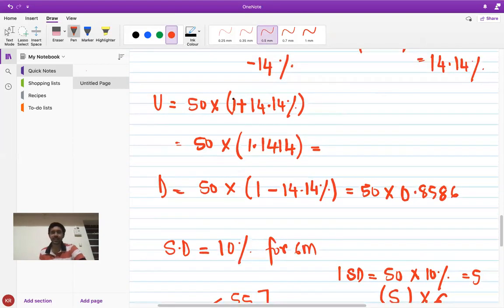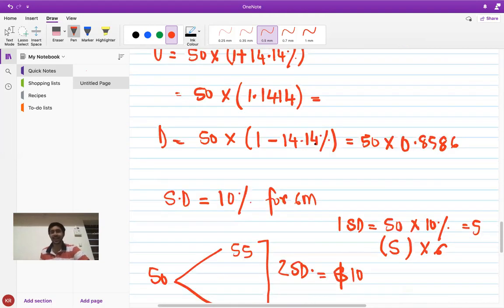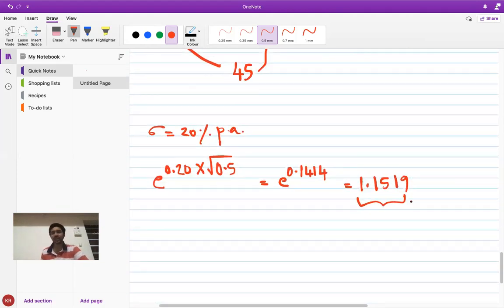This has given you what you were calculating as part of the bracket: 1 plus 14.14 percentage, that is, 1, which is today's share price, plus a return of 14.14 percentage. The e power x formula has given you 1.1519. The answer is not the same, because here you're doing it on a continuous basis, whereas there you were doing it on a discrete basis.